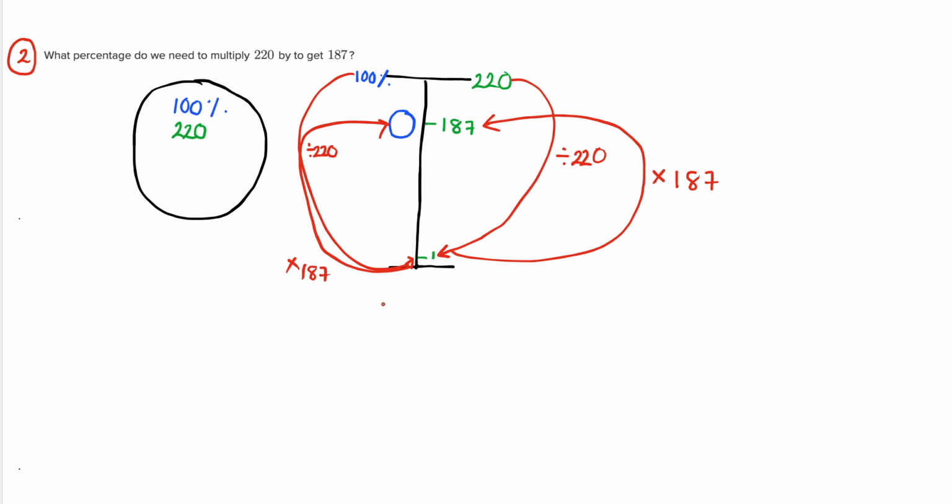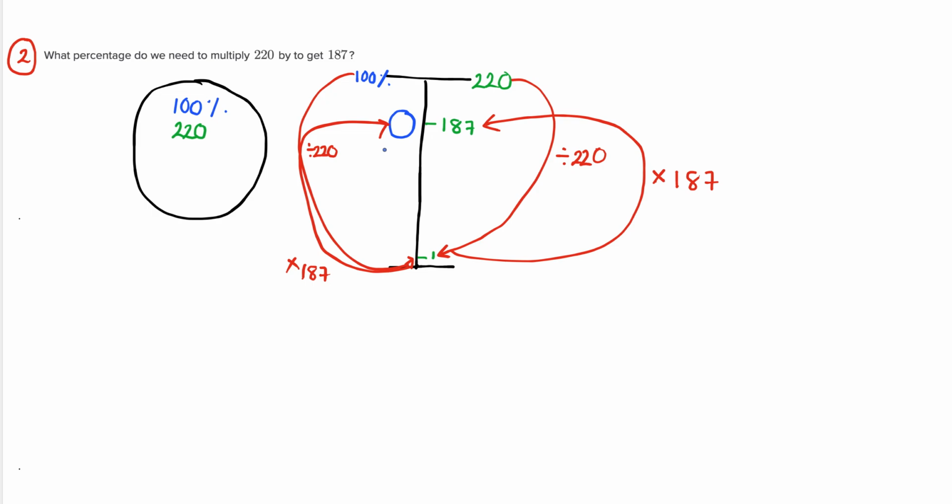So I'm going to take my calculator. I'm going to say, okay, 100 divided by 220 multiplied by 187. And I get that this value that I have here is 85%.